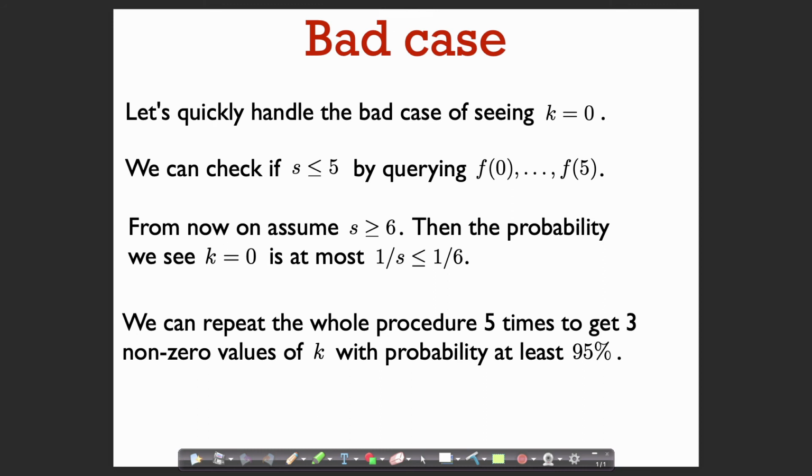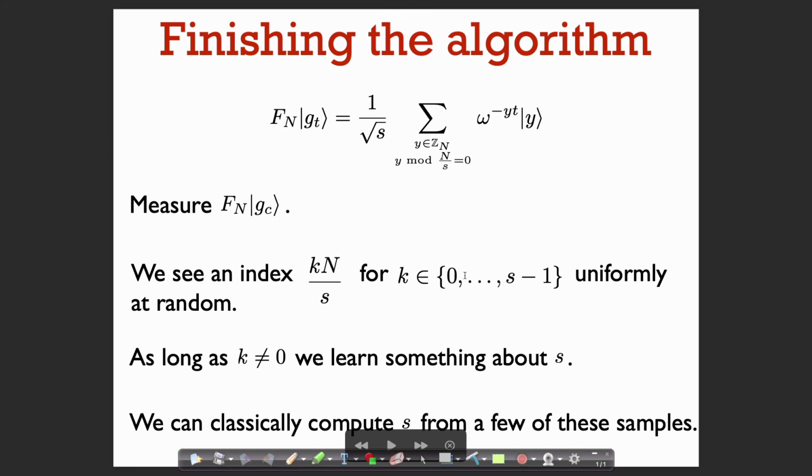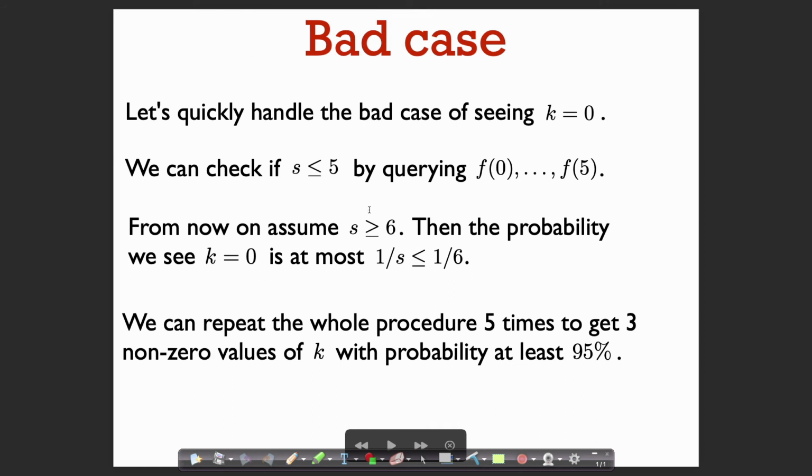This set is of size s, and we see an element of it uniformly at random, so the probability that k is 0 is just 1 over s. As long as s is big enough, that probability is going to be small.